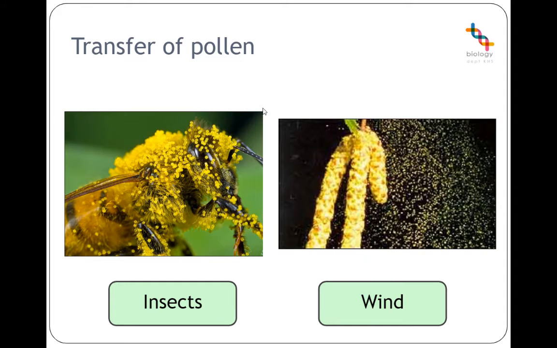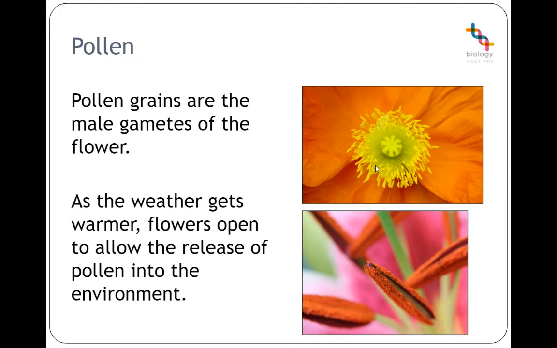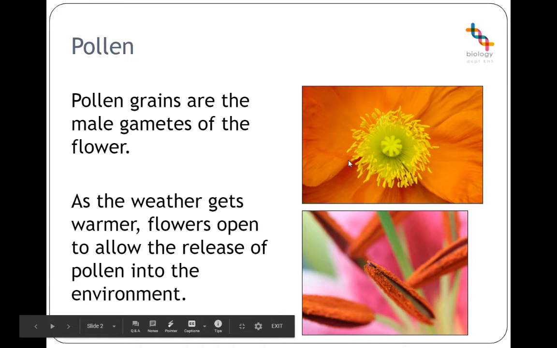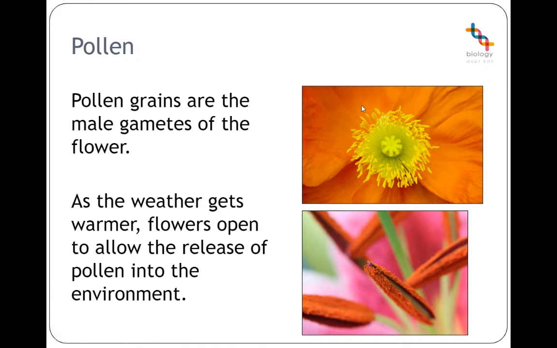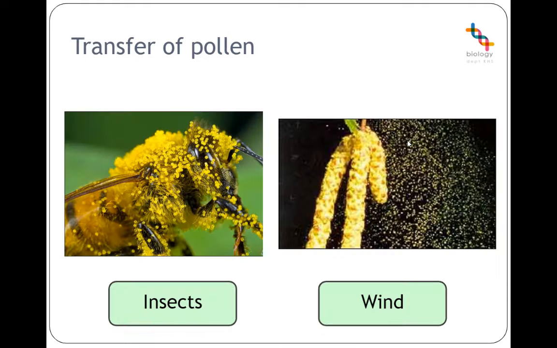Pollen can be transferred from one flower to another by various means. As I said, this is the male gamete of this flower. We want to get the male gamete of this flower to the female part of the next flower, which is the central part here. So we've got two different methods. We've got insect pollination.